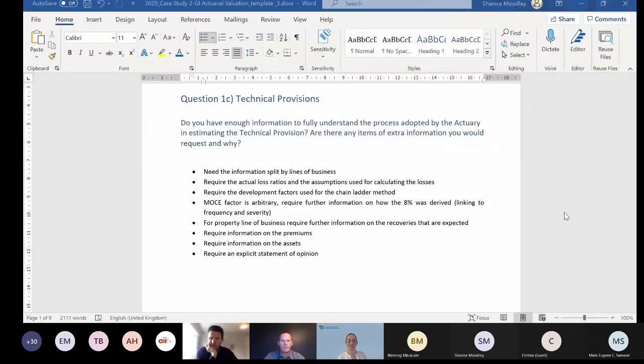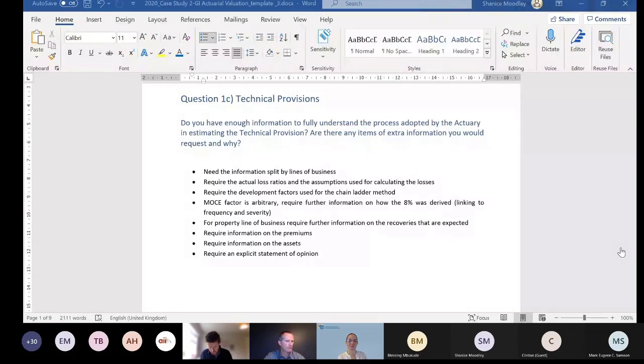There are issues to do with the reinsurance. We are not given information on the recoveries which are linked to the reinsurance on the property line of business. We also require information on the premiums, just to see how big they are, how they are developing, and how they are linked to all the information that is there. We require the information on the assets as well. It's not there.